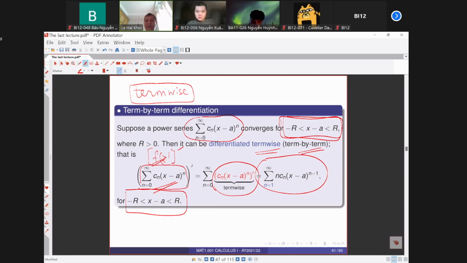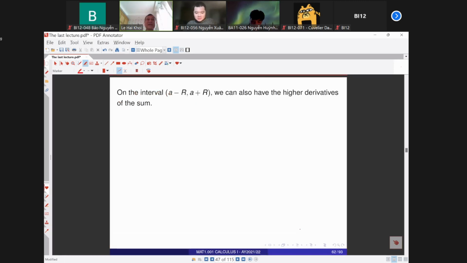Right? So pay attention. We can differentiate a power series inside the radius of convergence term by term. And here, after having the first derivative, you can also differentiate to have the second derivative, etc. Which means that you can have all higher derivatives of this sum.